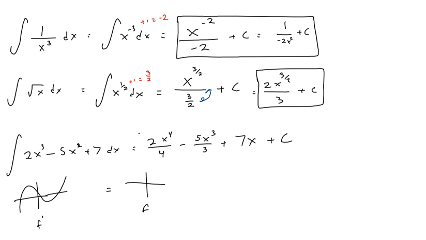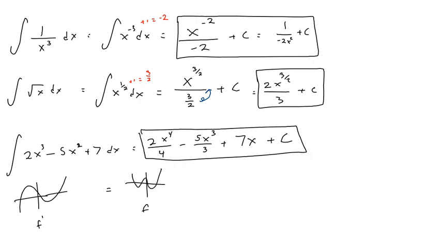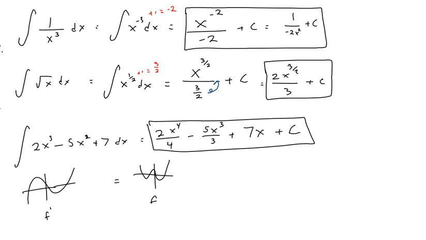It's going to be some kind of 4th power equation, which makes sense, right? Because when we do a derivative, we go from a 4th power to a 3rd power. When we do an integral, we go from a 3rd power to a 4th power. We increase the exponents. Very interesting.